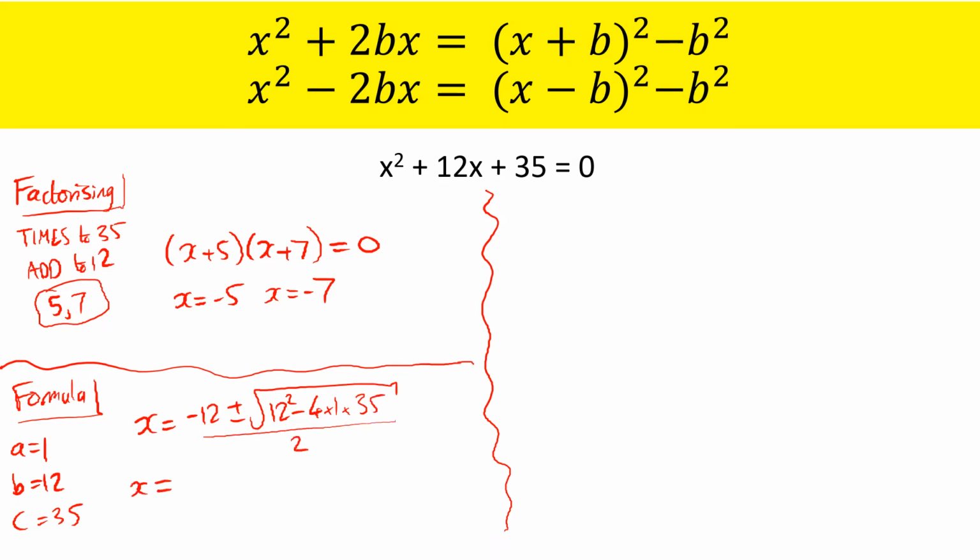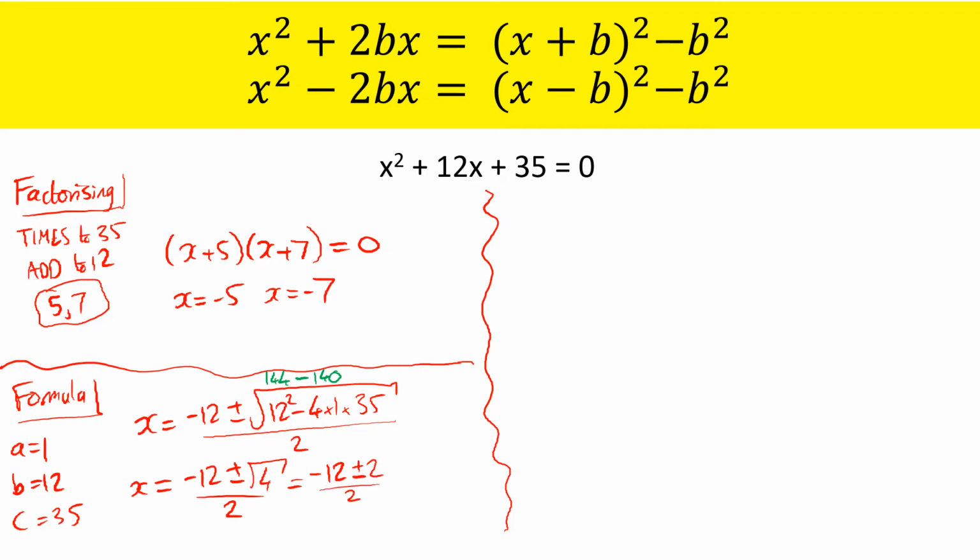I promise this will get a little bit nicer looking. We'll have minus 12 plus or minus, and then this square root here. So that's 144 for the 12 squared, and that's 140. So we'll end up with plus or minus the square root of 4 over 2. But the square root of 4 is just 2.